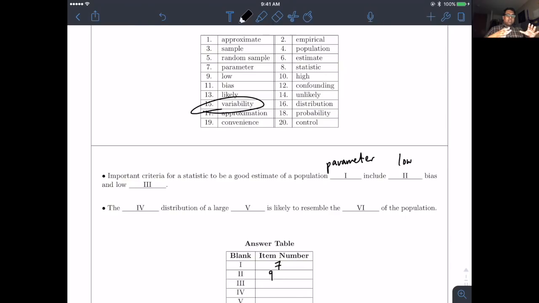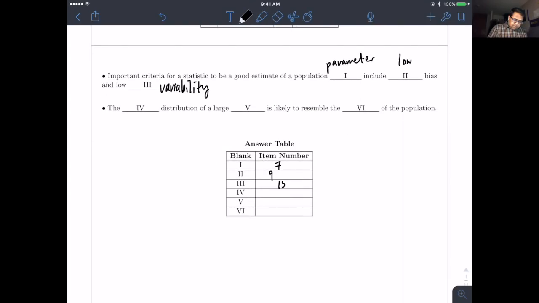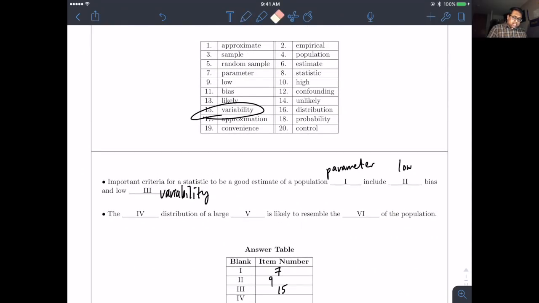Whereas if the variability is large, then there could be a good chance that we just sample points that are far away from the mean and far away from what the population parameter actually looks like, and then that'll tend to give us inaccurate estimates, right? So the term we're looking for is low variability, which would be number 15. So that concludes the first sentence.